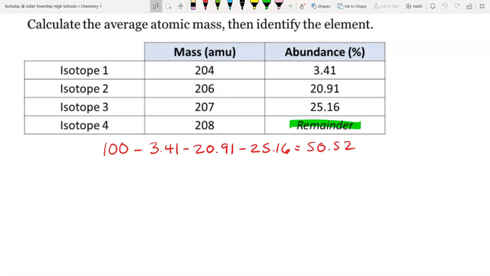Okay, now that I have this remainder, I'm going to multiply each mass by its abundance. And I'm going to do this with the abundance in decimal form.